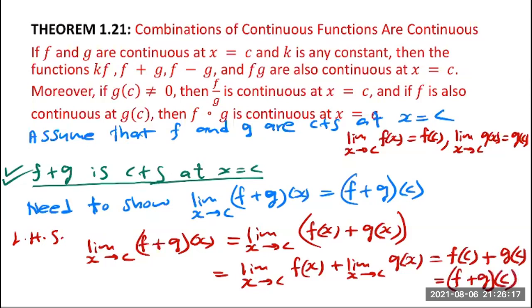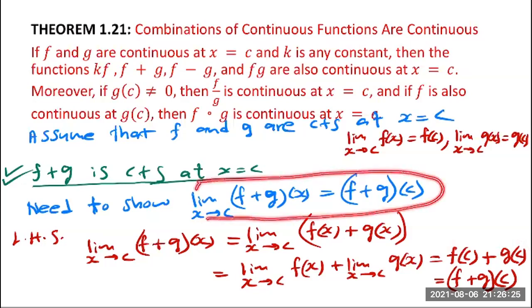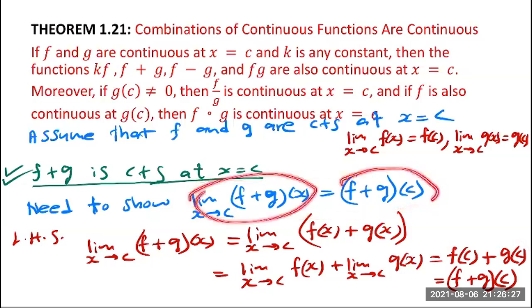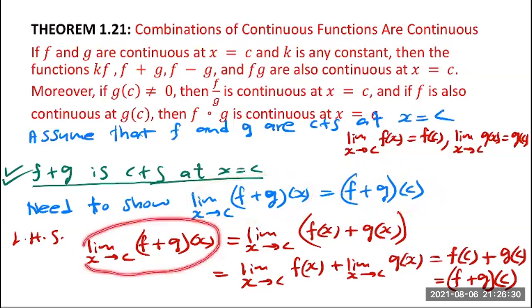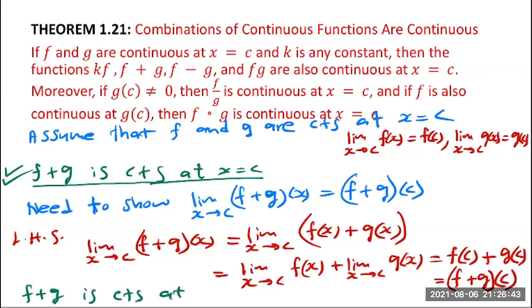That's exactly what I wanted to show: that this is equal to this. So I simplified my left hand side and showed that I obtained my right hand side. So f plus g is continuous at x equals c. This completes the proof.